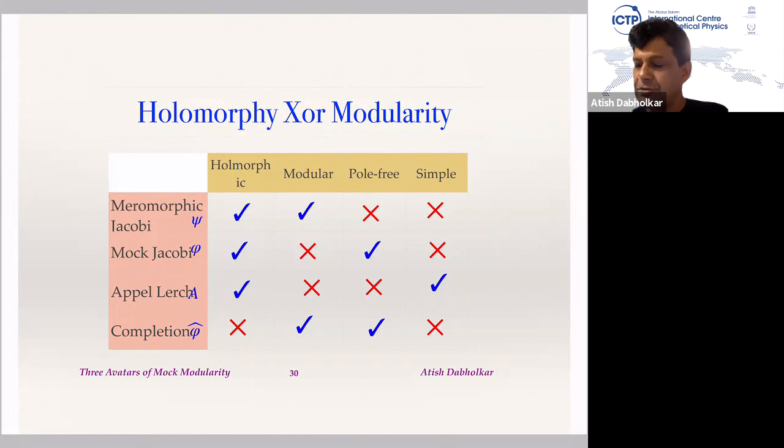The meromorphic Jacobi form psi that we started with is holomorphic and modular, but it has poles and it's not simple. The Appell-Lerch sum is holomorphic and simple because it's an elliptic average of a simple one over a double pole. The mock Jacobi form is holomorphic and pole free, but it's not modular. And the completion is not holomorphic, not simple, but it is modular and pole free.